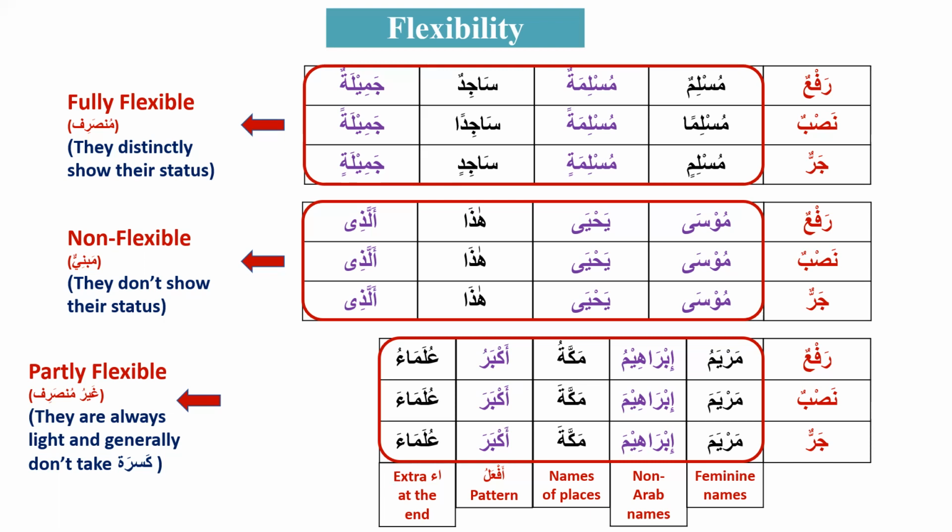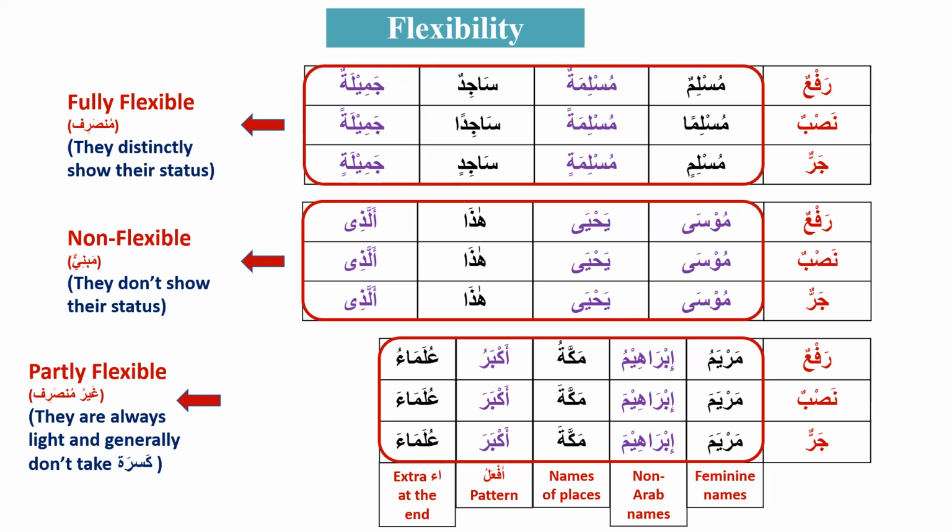Brother Shabazz, are all of Allah's names Arabic names, or is Allah's name a unique name? Allah's name is very unique. It is not partly flexible. You see, Allahu, Allaha, Allahi.